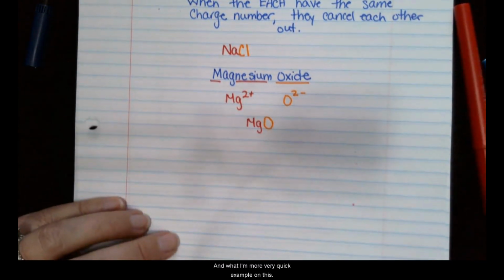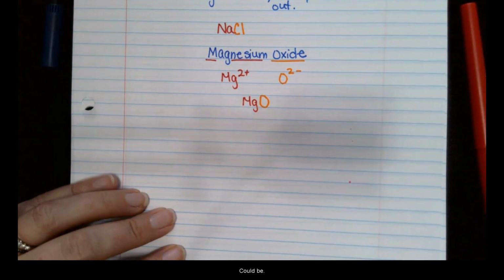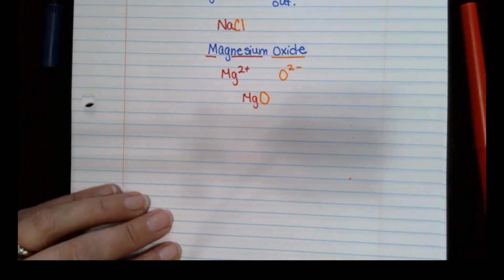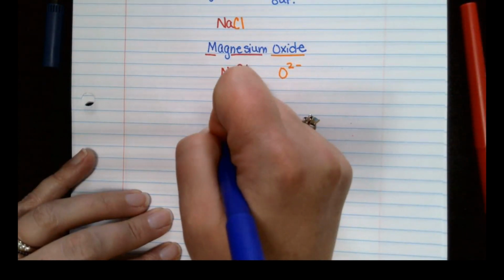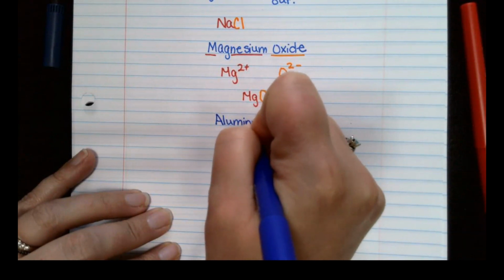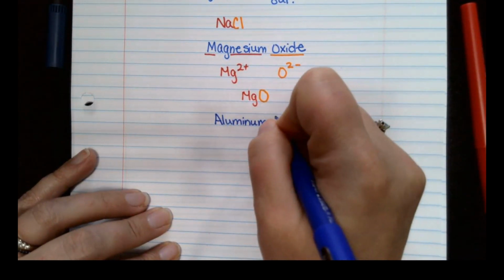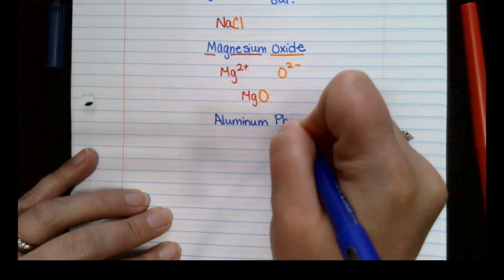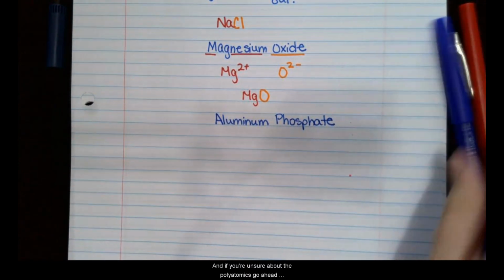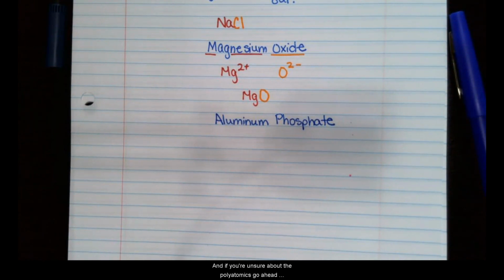And one more very quick example on this could be aluminum phosphate. If you're unsure about the polyatomics, go ahead and reference my video on the common polyatomic ions.